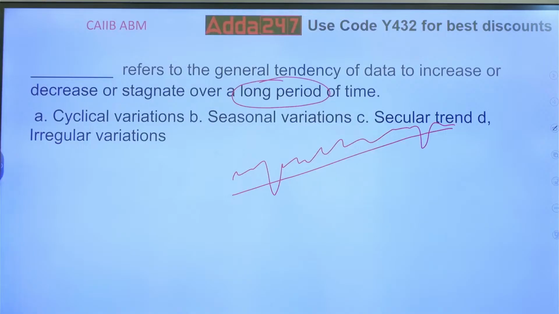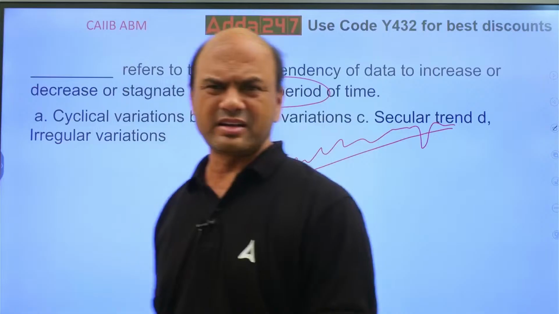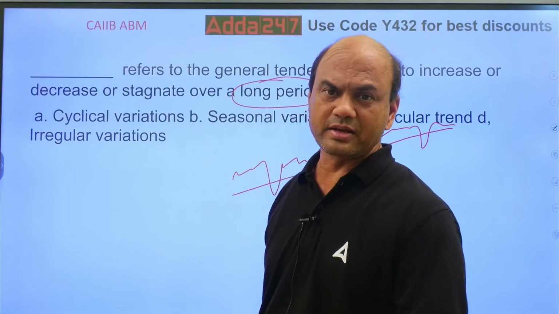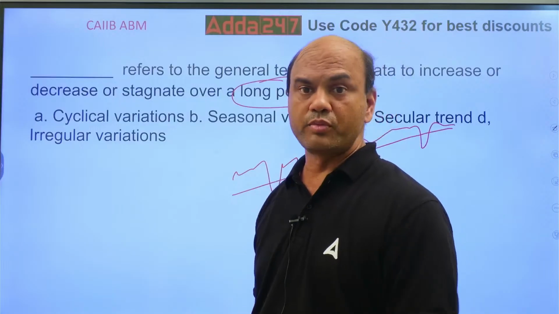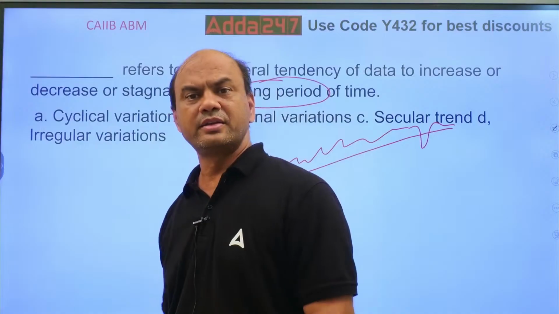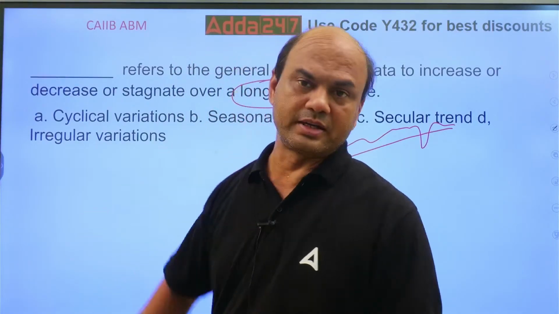And irregular means you cannot predict at all. Terrorist attack, can you predict when the next one will be? Floods, can you predict? No. Earthquake, when will it be? You can't predict. Tsunami, nothing. So these are all irregular variations.